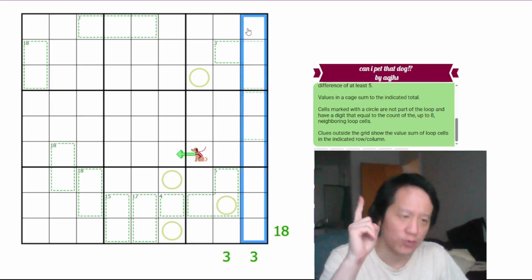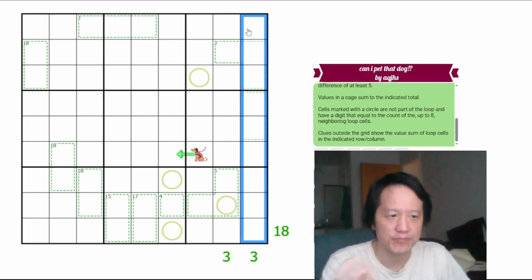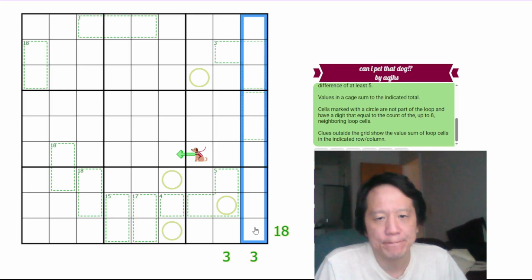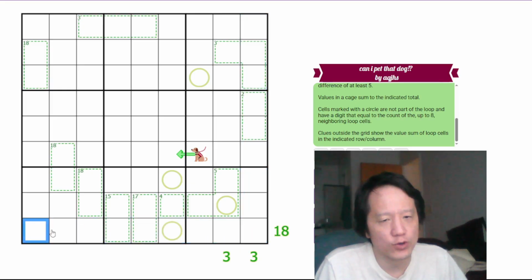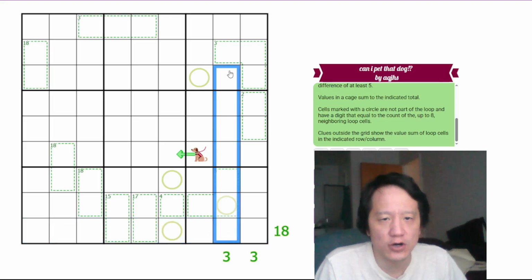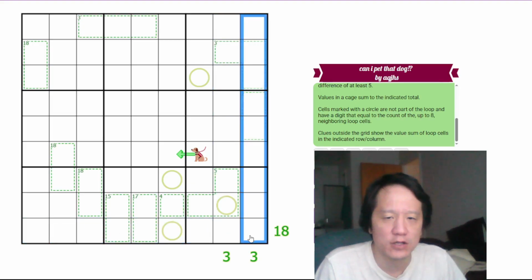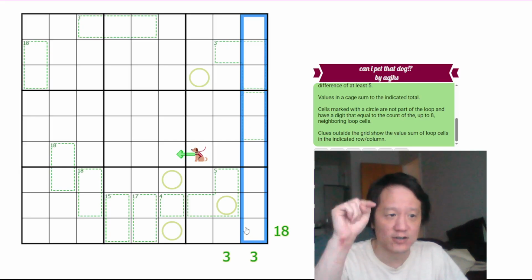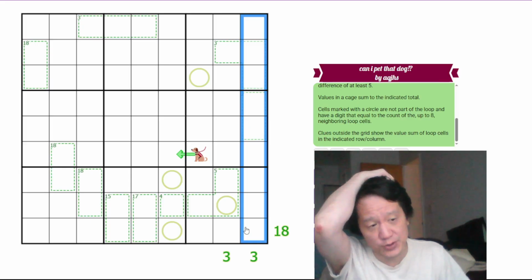So the value of the cells on the loop, that does not mean the digits in the loop. For row 9, it's 18. For column 8, it's 3. And for column 9, the values of the cells on the loop must add up to 3.